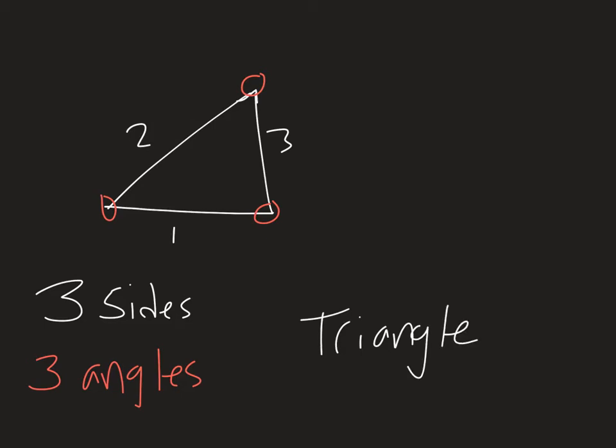And it doesn't matter how weird the triangle looks, so long as it has 3 sides, 3 angles, it's a triangle. Now, there are different kinds of triangles. Some are regular, some are irregular. Some of them look really nice. But we'll talk more about those in a future lesson. Move on.